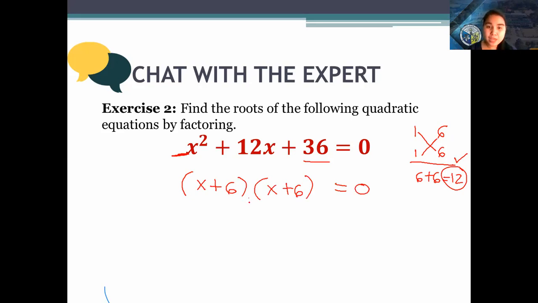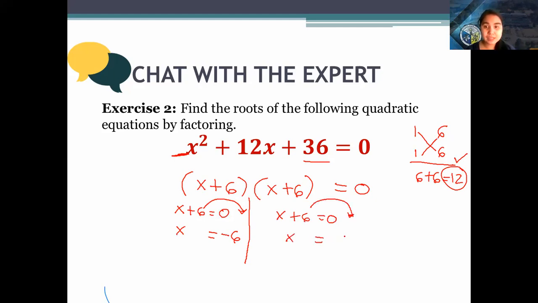Next, step 3, the zero product property. x plus 6 equals 0. x is equal to, transfer, negative 6. The other one, x plus 6 equals 0. Oops, they are just the same. So our roots are negative 6 and negative 6. How will you say it if there are two negative 6?